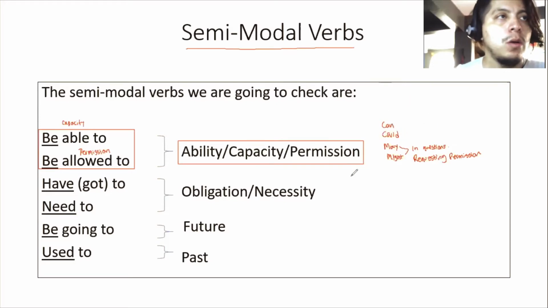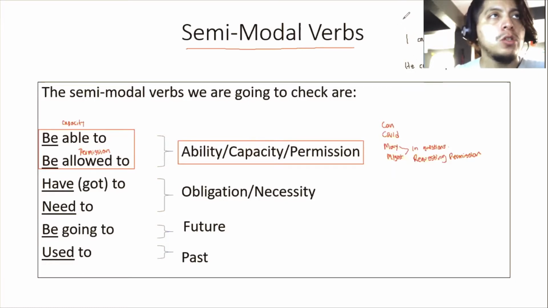Okay, so we can do a little example. I'm going to be erasing the examples because otherwise it's going to take a lot of space. So for example, with a modal verb, I can say, I can jump. Or, let's use a different subject, he could jump.